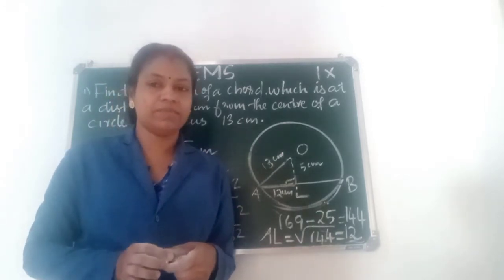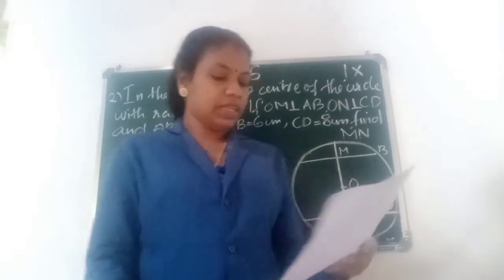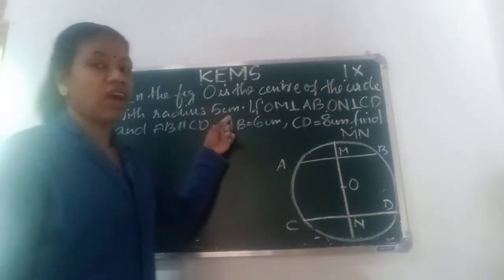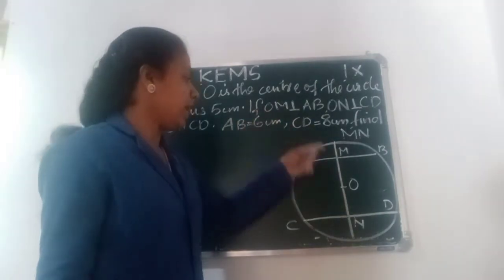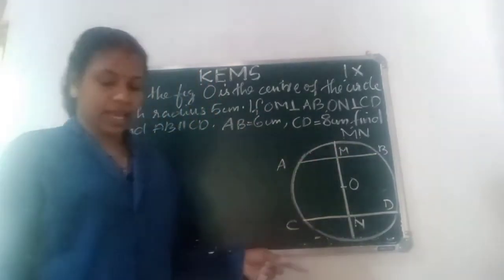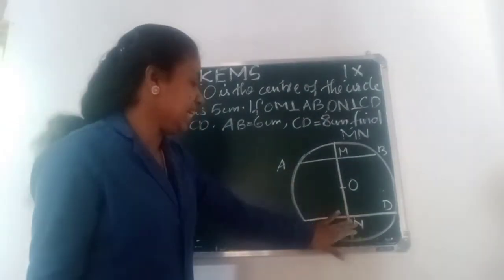Now clear? Okay, second question. In the figure, O is the center of the circle and the radius is 5 cm. OM is perpendicular to AB and ON is perpendicular to CD.